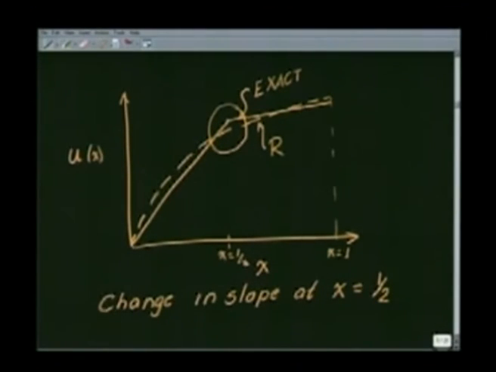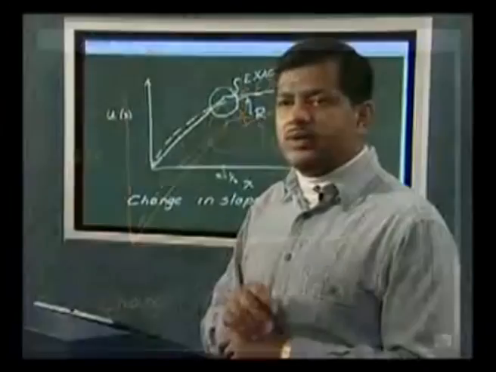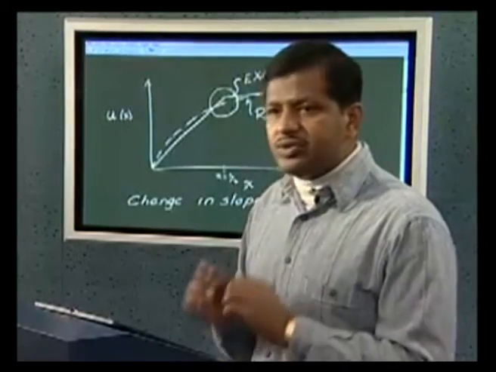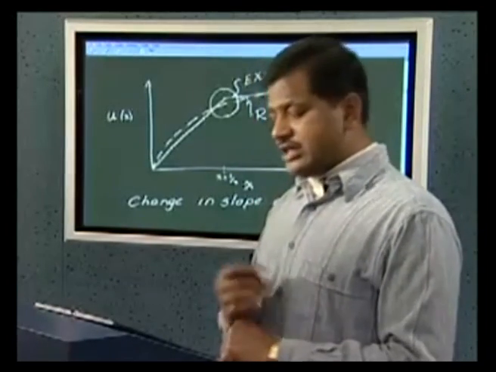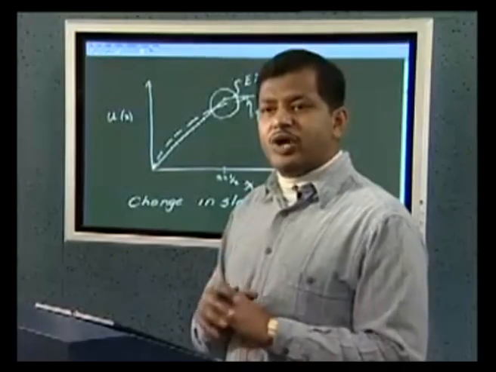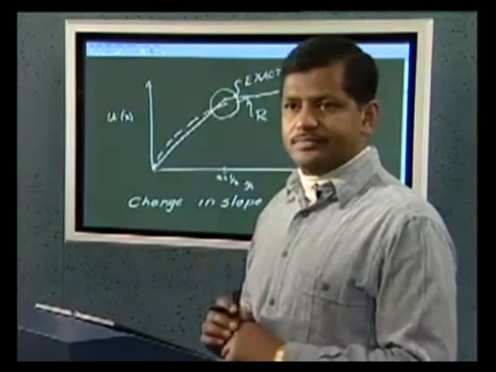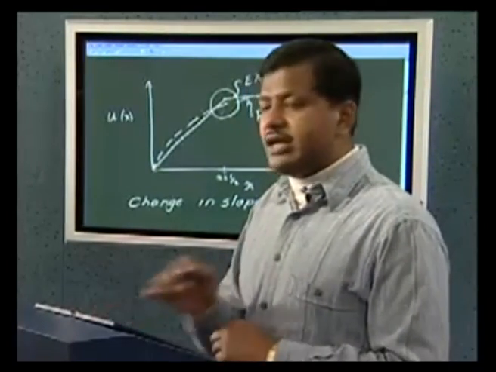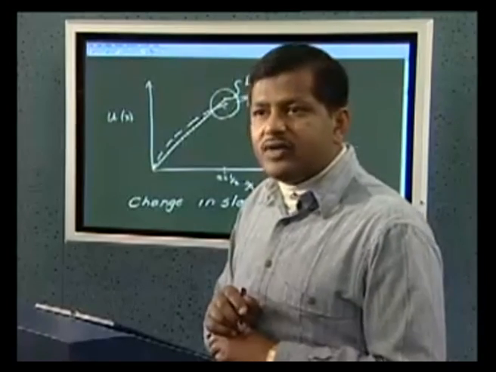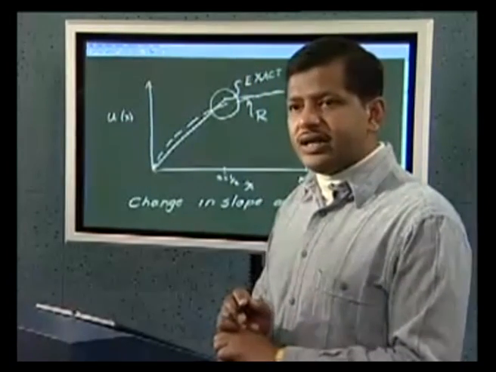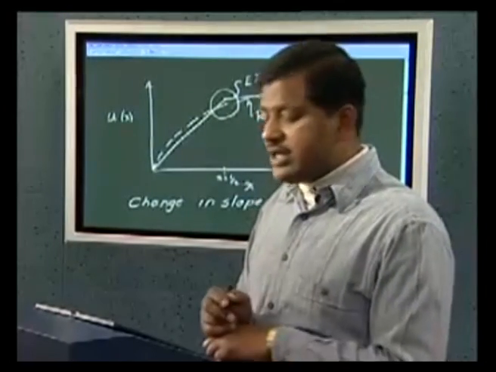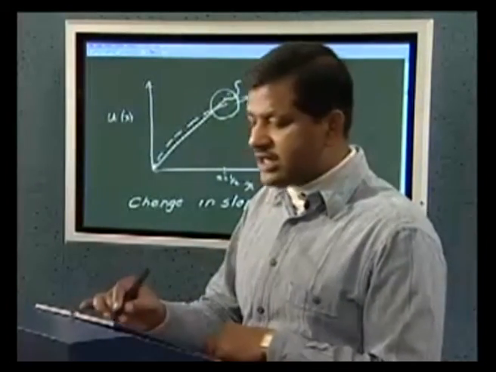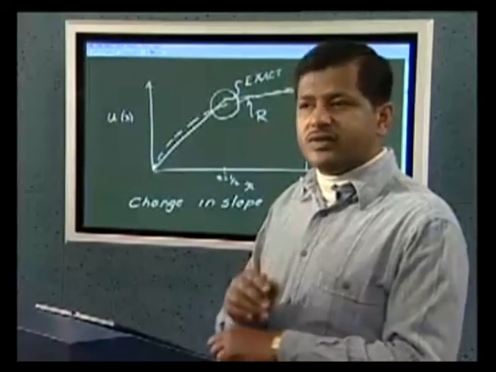So as an engineer, that is a cause of worry, because this will be one of the points where I would like to know what is the derivative. That is, I would like to know what are the stresses, such that I can decide whether this point is going to be safe or not. But our Rayleigh-Ritz solution is not going to give us the derivatives very accurately here, and we'll end up getting very bad information regarding the state of stress in the vicinity of the point x equal to half.